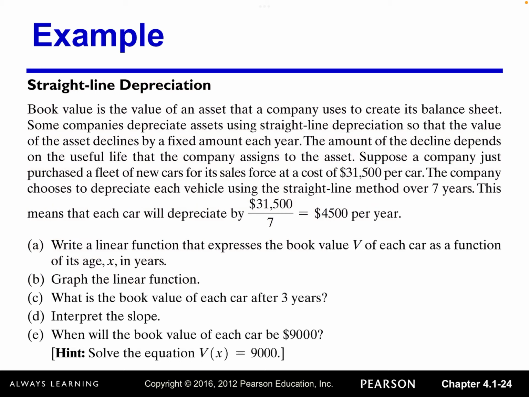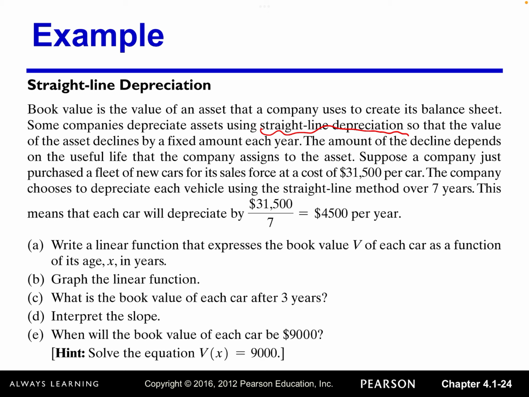Straight line depreciation. Book value is the value of an asset that a company uses to create its balance sheet. Some companies depreciate assets using straight line depreciation so that the value of the assets declines by a fixed amount each year.